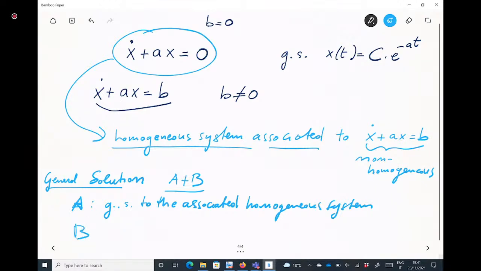And B is any particular solution to the initial system, the non-homogeneous system. Just to find one, with any possible method.